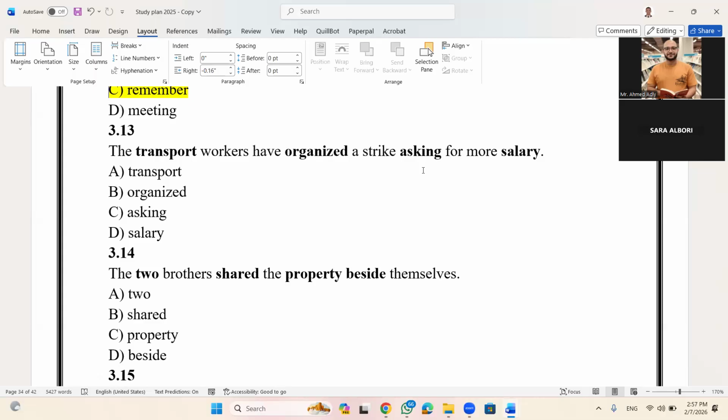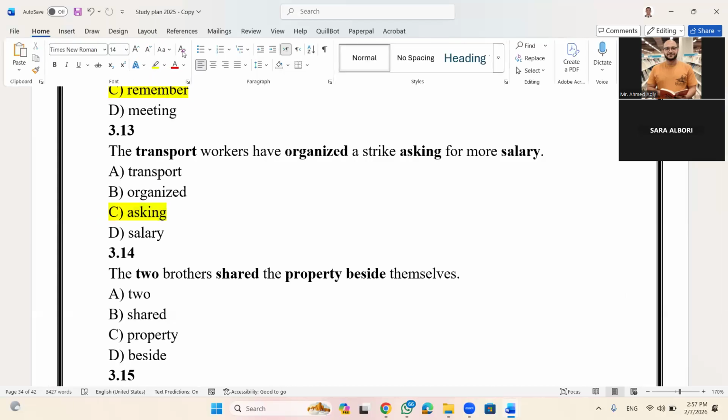It's transport or organized. I'm not sure. Look, I think this question is a little bit tough because if you want something but by force, I think you shouldn't use the word ask. When you ask somebody to do something, you ask verbally.